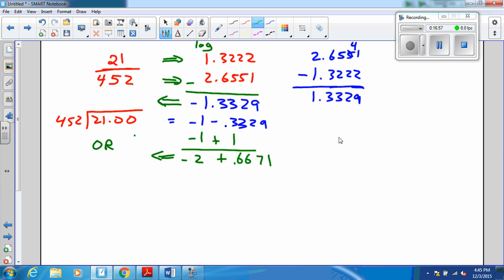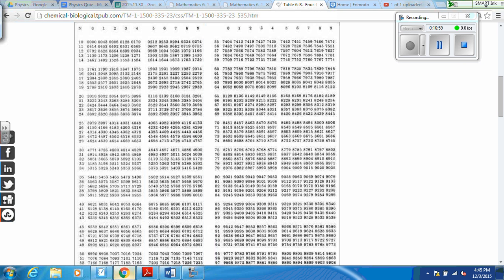Now, how did that help us? Well, we do a reverse lookup on 0.6671. And I go to the table and I find 0.6671, not quite there. 0.6628, 0.6665, 0.6670, there it is.